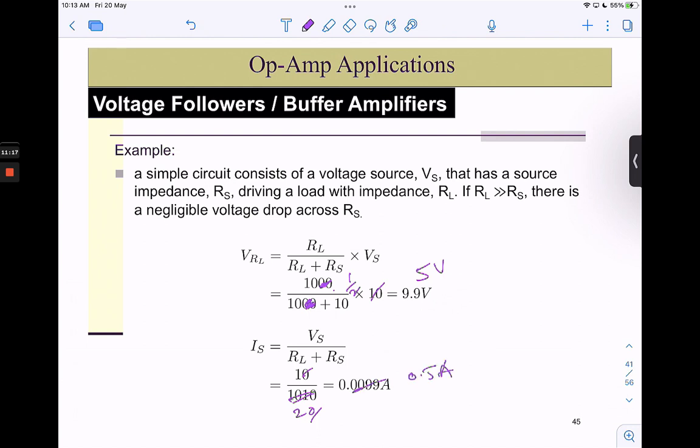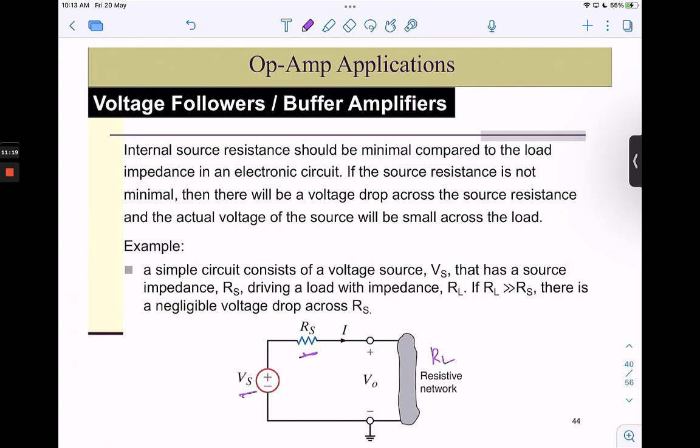So we can see that using the same circuit here, but now RL equals 10 ohm and RS also 10 ohm, what we get is 10 volt. We cannot deliver 10 volt to the load. We are only able to deliver 5 volt to the load.